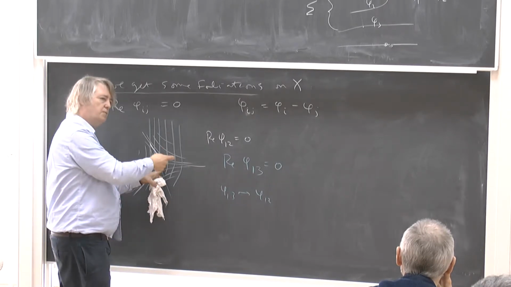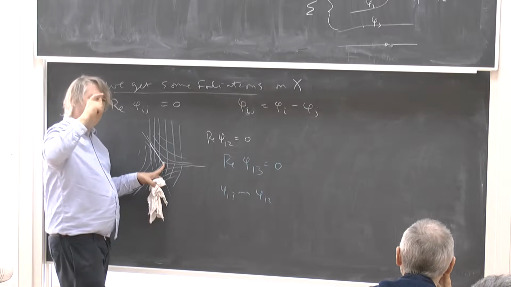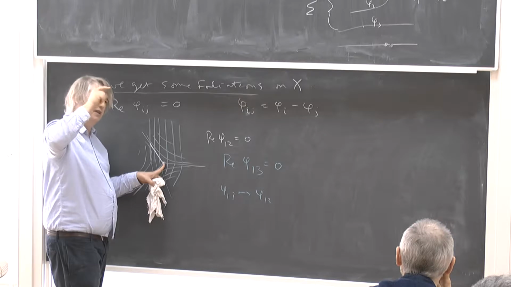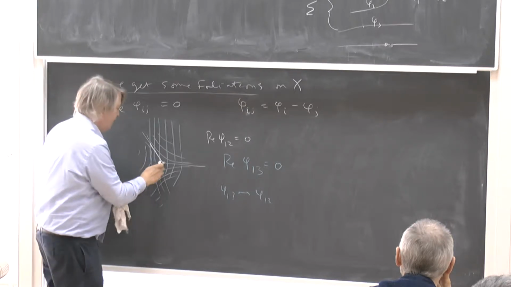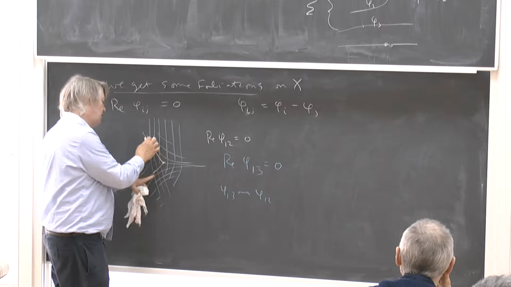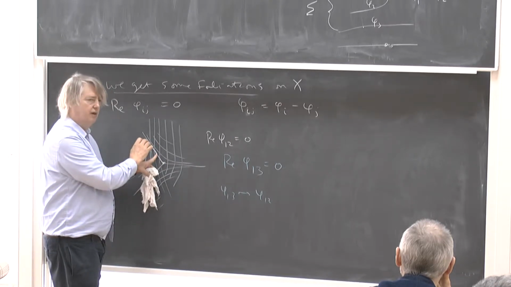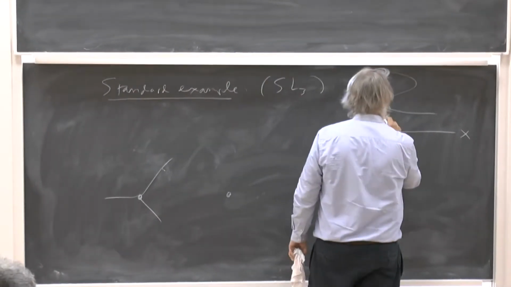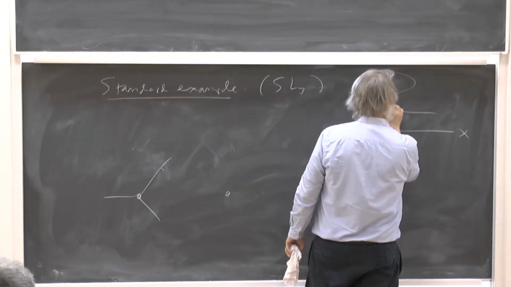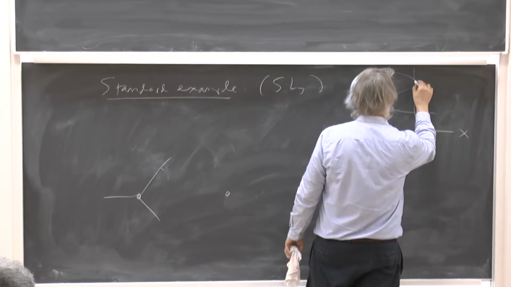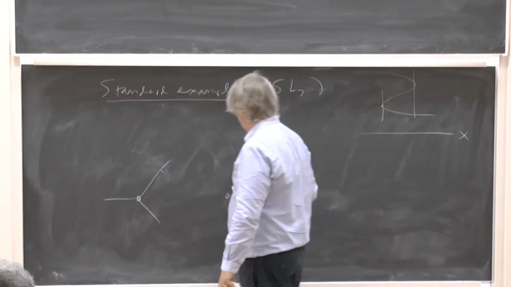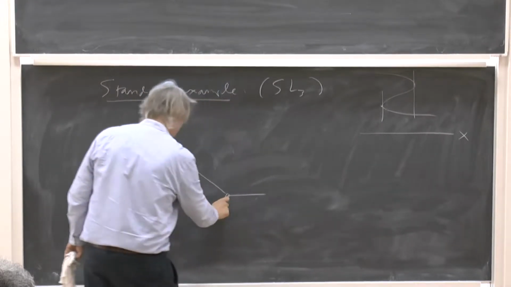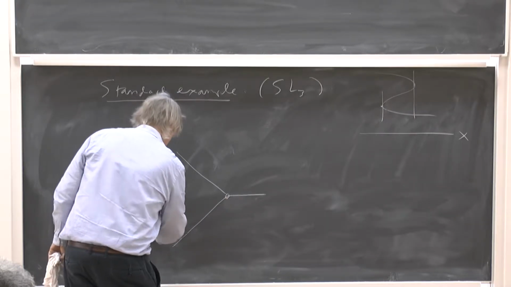A generic simple ramification point corresponds to a pair of indices that get interchanged, and the edges of the spectral network that start at that point are supposed to be labeled by those two indices. So at this ramification point we'll have two indices that label, and at this ramification point we'll have two indices that label. It took us some time with computer drawing and so on to figure out what the picture looks like, but this is what it looks like.